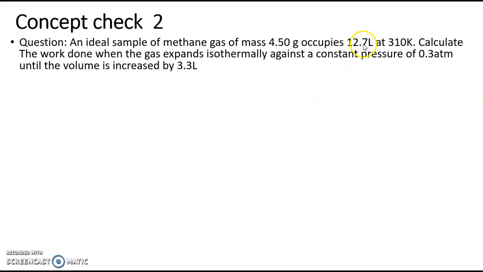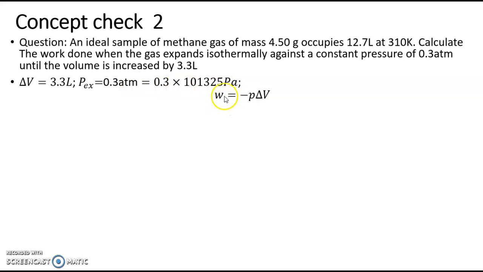Okay, another example. An ideal sample of methane, which means methane behaving like an ideal gas, of mass 4.50 g, occupies 12.7 liters at 310 Kelvin. Calculate the work done when the gas expands isothermally against a constant pressure of 0.3 atmosphere. So, in this, we're given the change in volume, which is 3.3, P external is 0.3 atmosphere and can be converted to pascals.